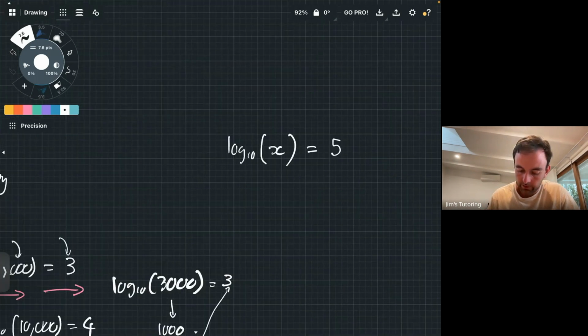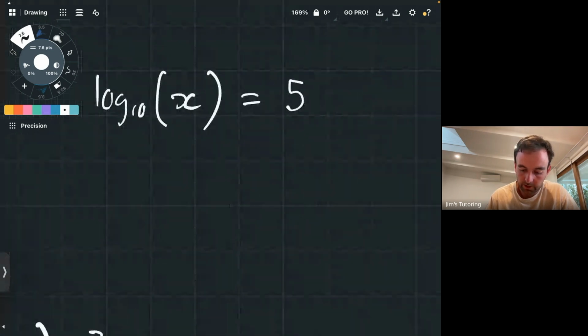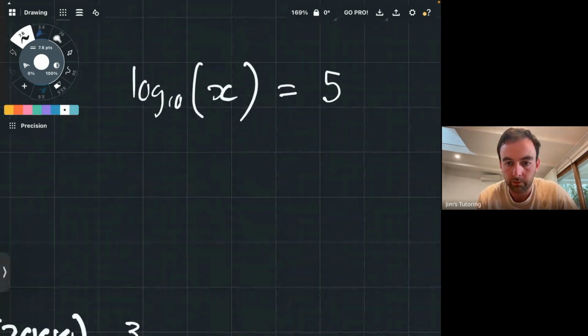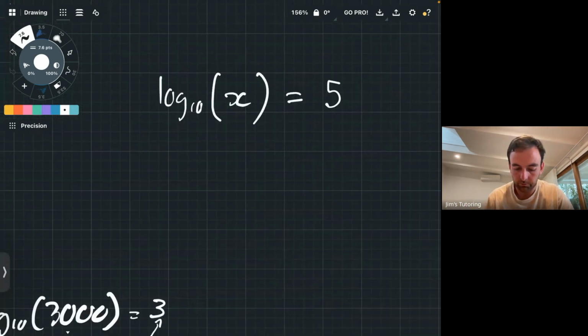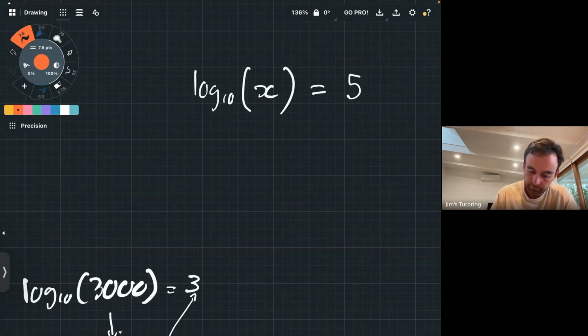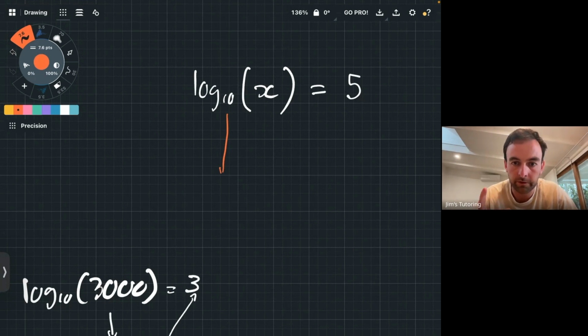So that's really good. Now, it's good to have that conceptual understanding, but also we want to do it quickly. So the process that I use is I move the 10, the base of the logarithm, and this is going to be important for natural logs as well, because they have a different base. So at the moment, we're just doing the base 10, but just be aware that there are other bases.